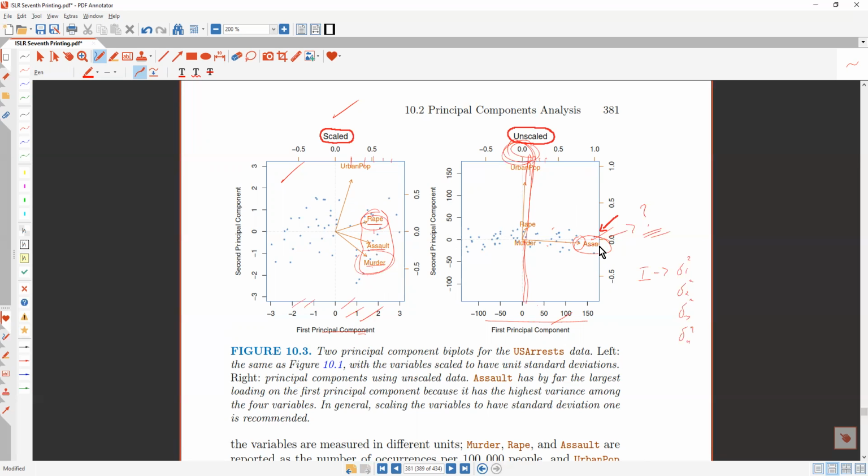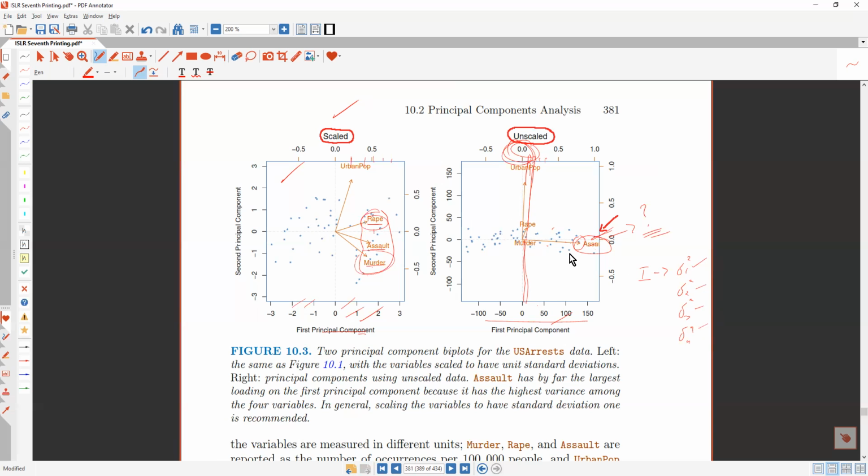So what's going on? Ask yourself, why is assault dominating here and not here? And the only answer could be, looking back at what PCA does, which is maximizing the variance of the variables. So what it's doing is it's saying assault has a high variance to begin with, right? Assault has a high variance to begin with.